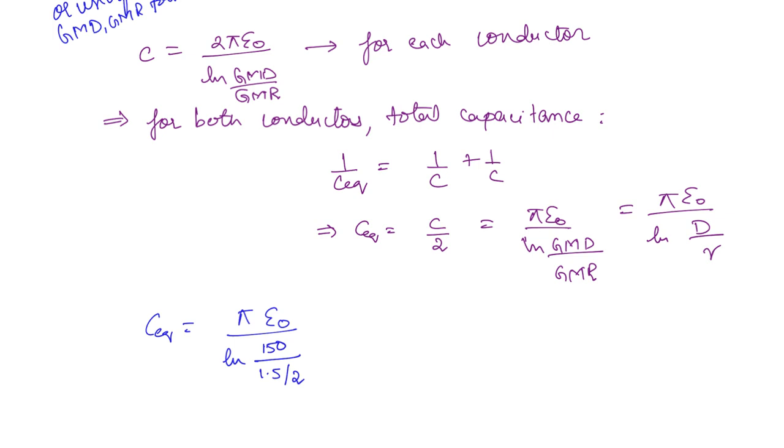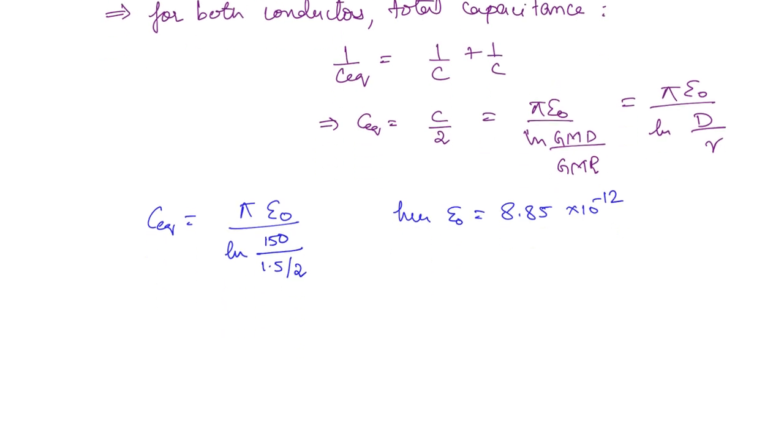And here epsilon naught is 8.85 into 10 to the power minus 12. If these values you substitute, you are going to get 5.247 into 10 to the power minus 12 farad per meter.